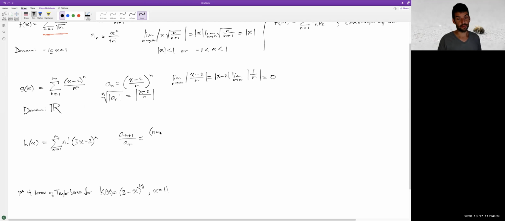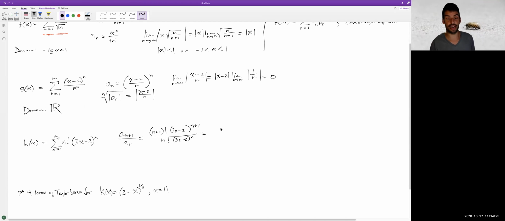It's going to be n plus 1 factorial, 3x minus 2 to the n plus 1, over n factorial, 3x minus 2 to the n. So n plus 1 factorial over n factorial is just n plus 1, and we get all the factors canceling except for the one in the numerator.